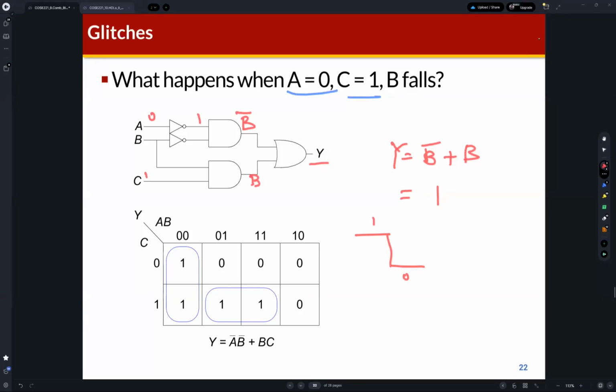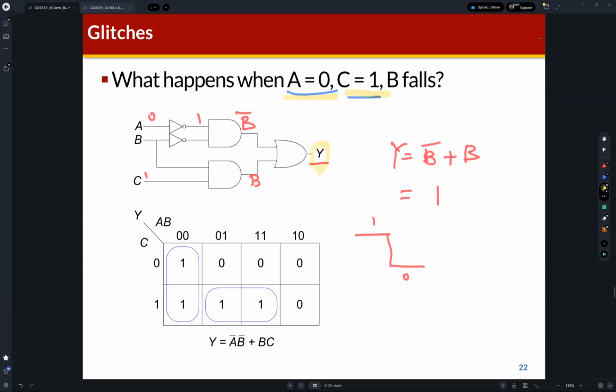It is because actually A is 0 and C is 1, and B falls. So the input changes, which means that the signal value of B is changing. And which means that the value of Y can be changed by input value B, because B is changing and B is one of the inputs. If we just see Y, there are two paths determined by B, this path and this path. For this path, there are three gates: the inverter, the AND gate, and the OR gate.